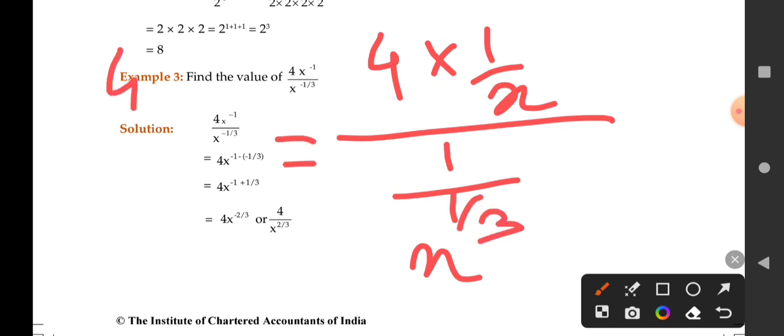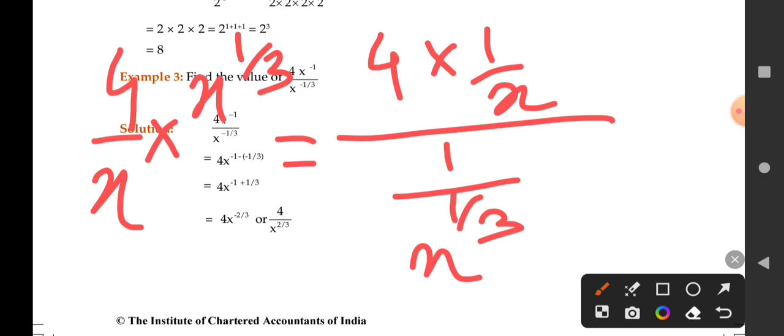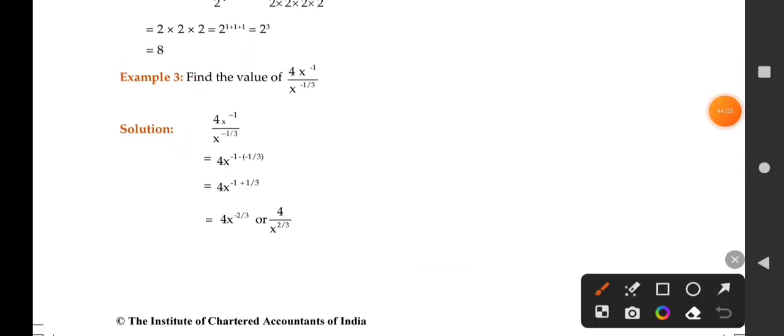We get 4 by x into x 1/3. Let's just directly take this denominator to the numerator. Let's not complicate.